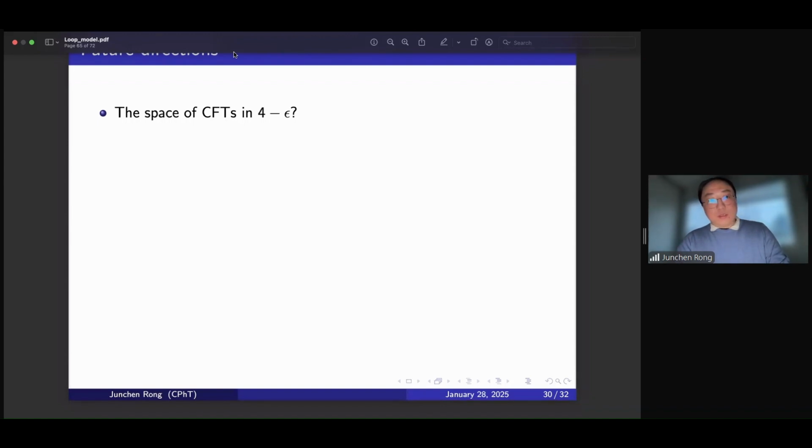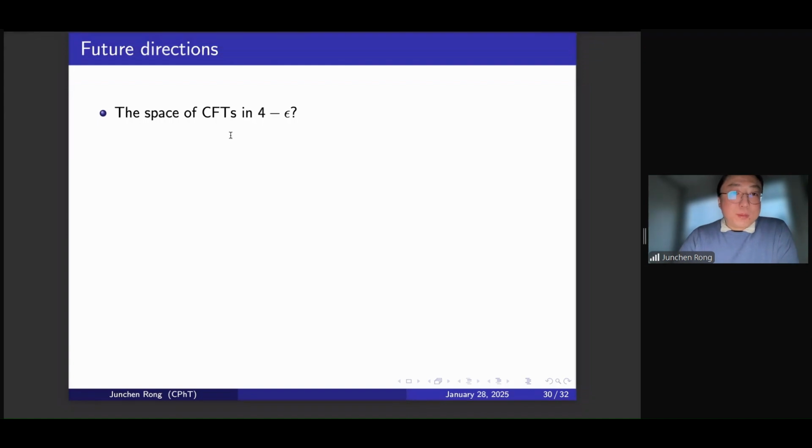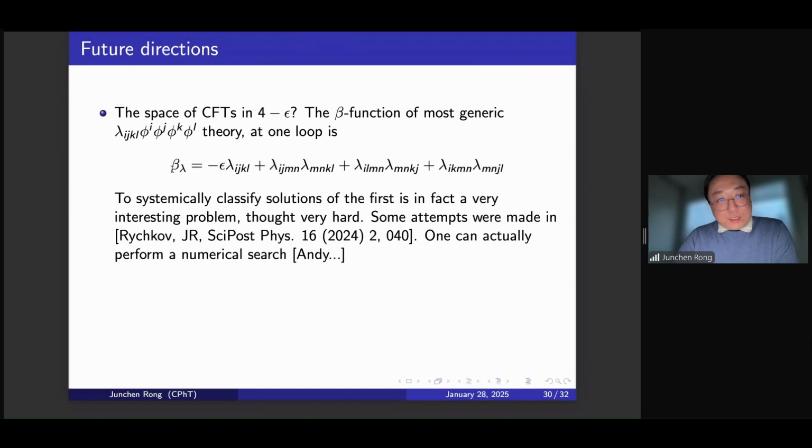Let me just wrap it up by saying that I'm personally very interested in the space of, say, four-dimensional CFTs. You have a beta function. We consider the most generic one. This is kind of like the top-down approach of classifying critical phenomena. So you start from some perturbative calculation, you try to classify all possibilities.